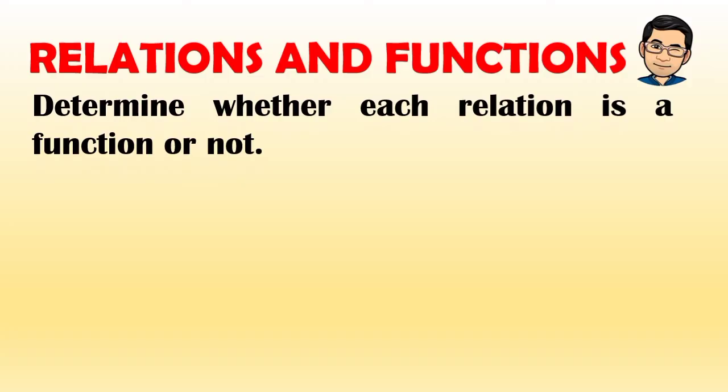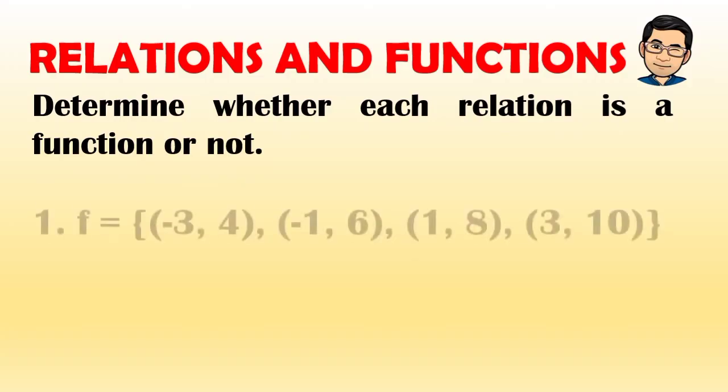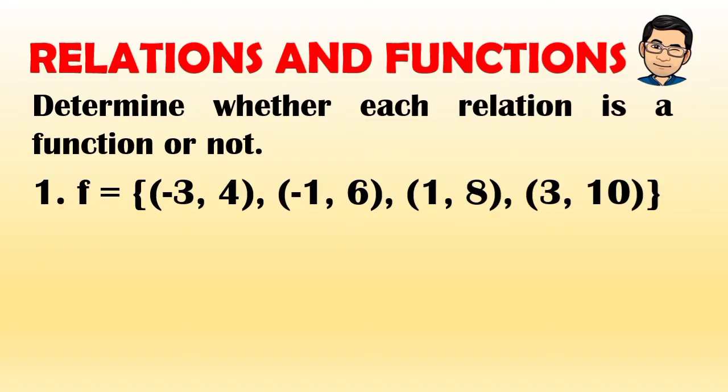Determine whether each relation is a function or not. So, our first given, meron tayong apat na ordered pairs. Yung unang ordered pair is (-3, 4). Ang second natin is (-1, 6). Third natin is (1, 8). And then yung fourth, (3, 10). So, kung mapapansin nyo, yung ating mga x values, negative 3, negative 1, 1, and 3, magkakaiba sila.